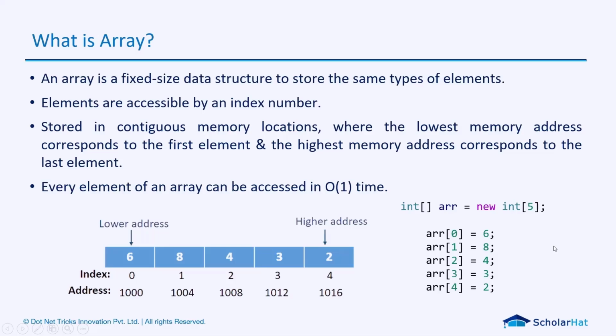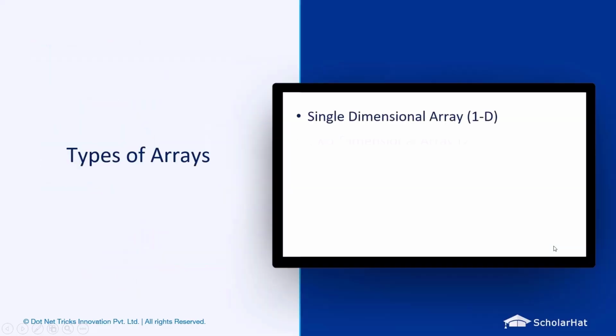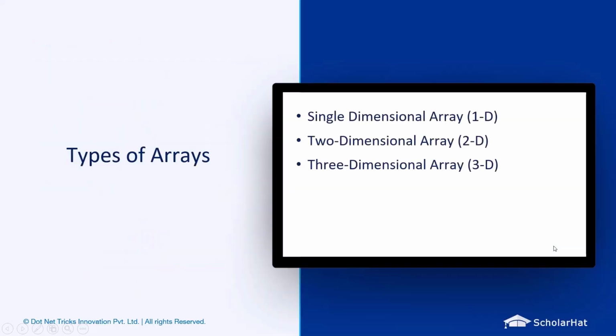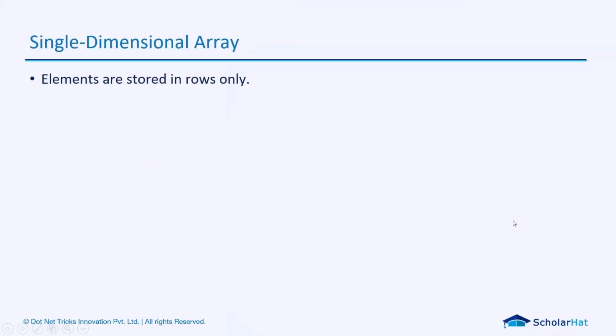Now what are the types of arrays? There are multiple types of arrays: single dimensional array, 2-dimensional array, 3-dimensional array. It can be 4D also, 5D also, as many as you want. We will move forward with the single dimensional array.